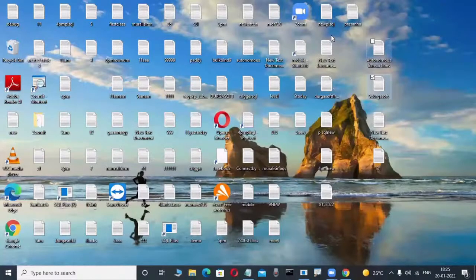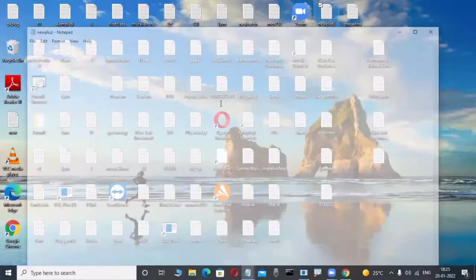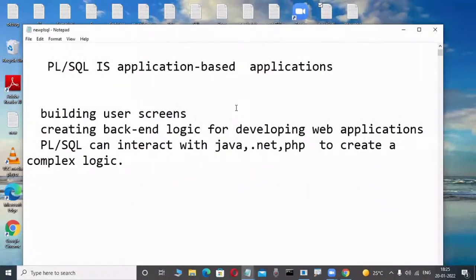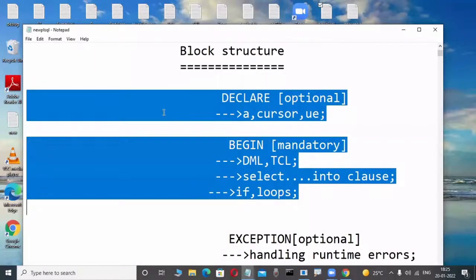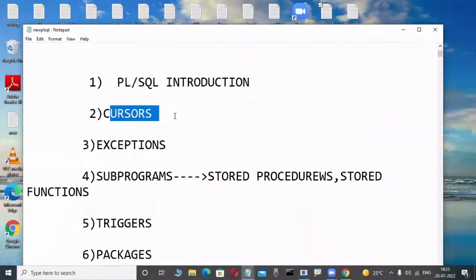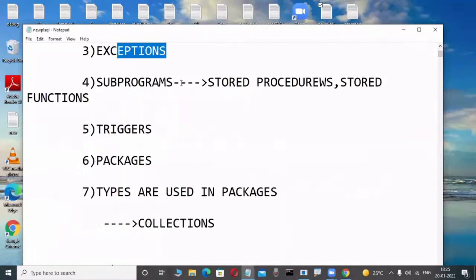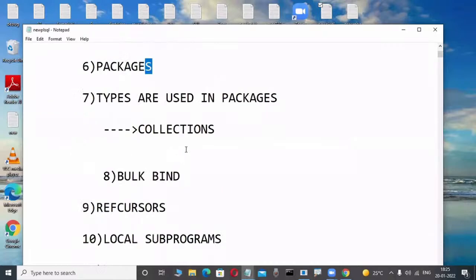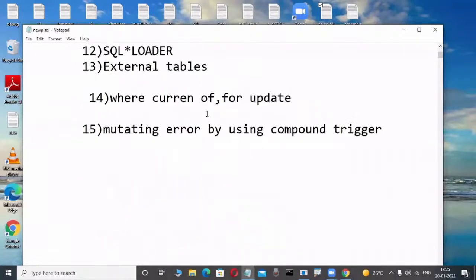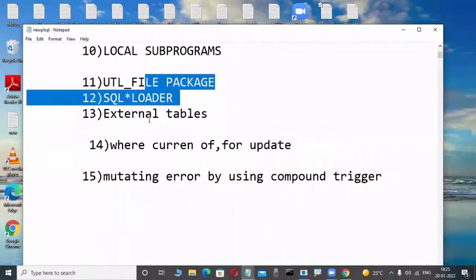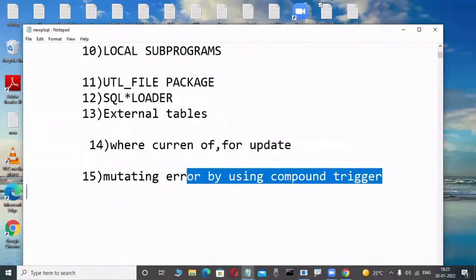Again, PLSQL means a little bit of coding is there. Don't be afraid. This is PLSQL. Here you are writing this type of little bit of coding. In PLSQL there are cursors, exceptions, stored procedures, stored functions, triggers, packages, types, collections, bulk bind, ref cursors, local subprograms, UTL file packages, SQL loader, external tables, so many things like this.